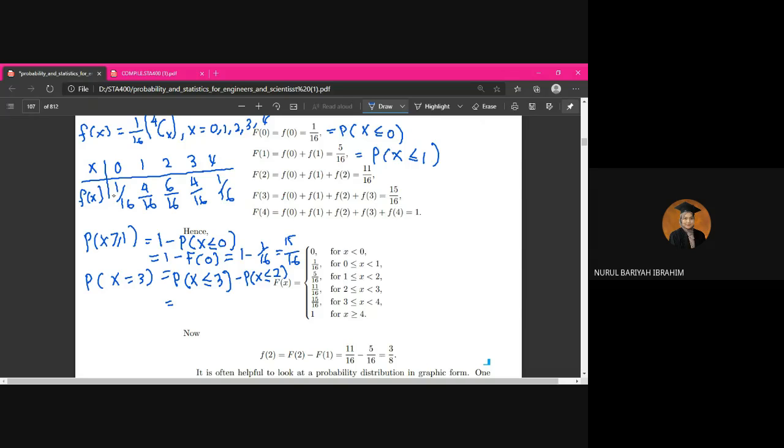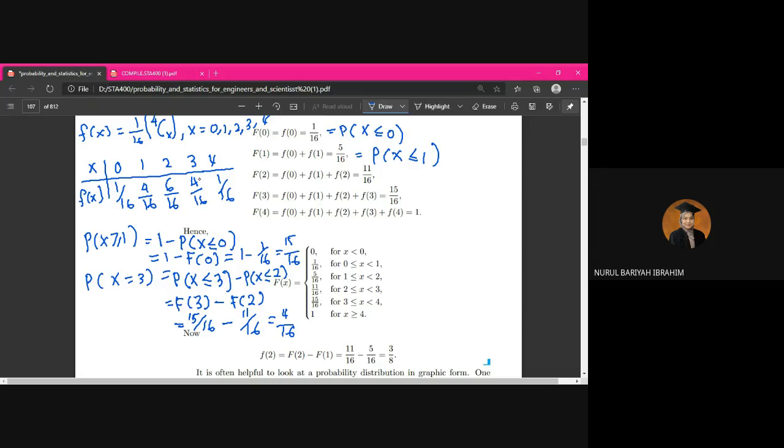Sebab bila kita tulis X less than or equal to 3, means that it is capital F(3). So it will be F(3), 15 over 16, minus F(2), 11 over 16. The answer is 4 over 16, which is this value.